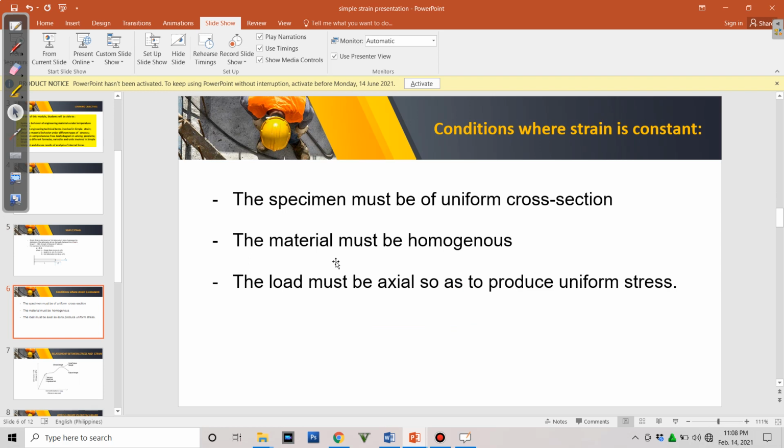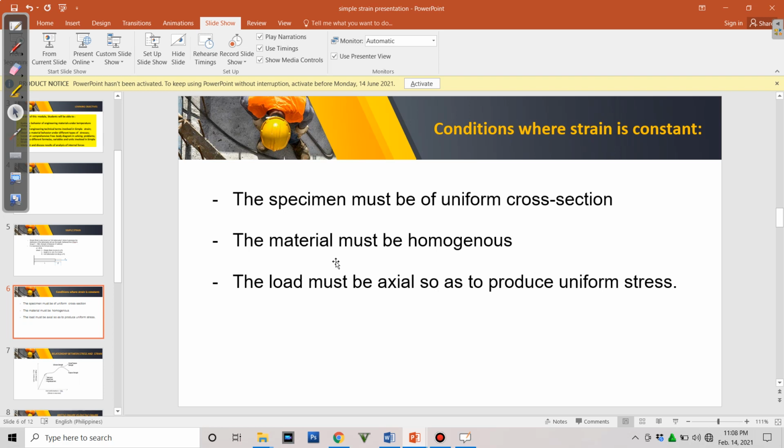There are conditions where the strain should be constant. First, the specimen must be of uniform cross-section. If your member is a triangle, it must be the same triangle all throughout the length.